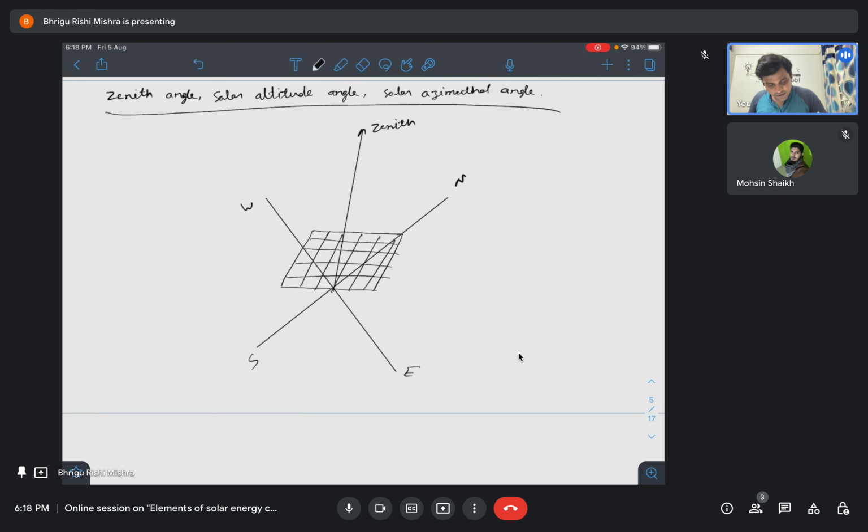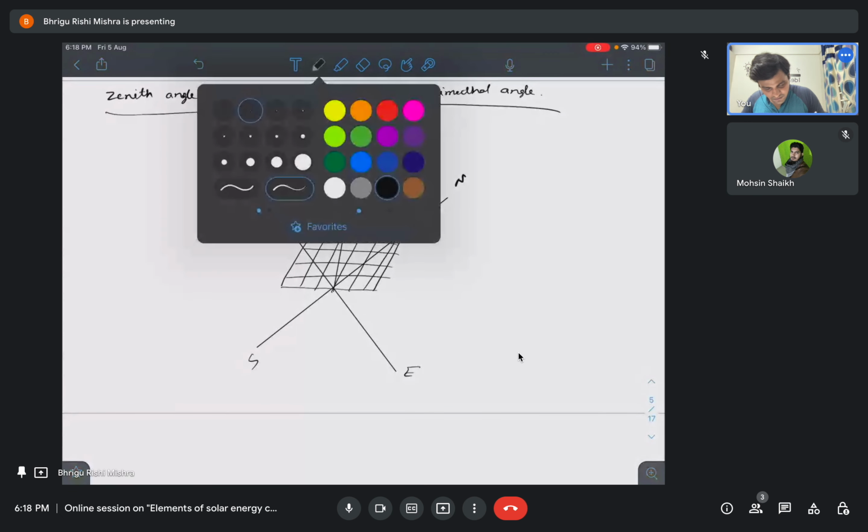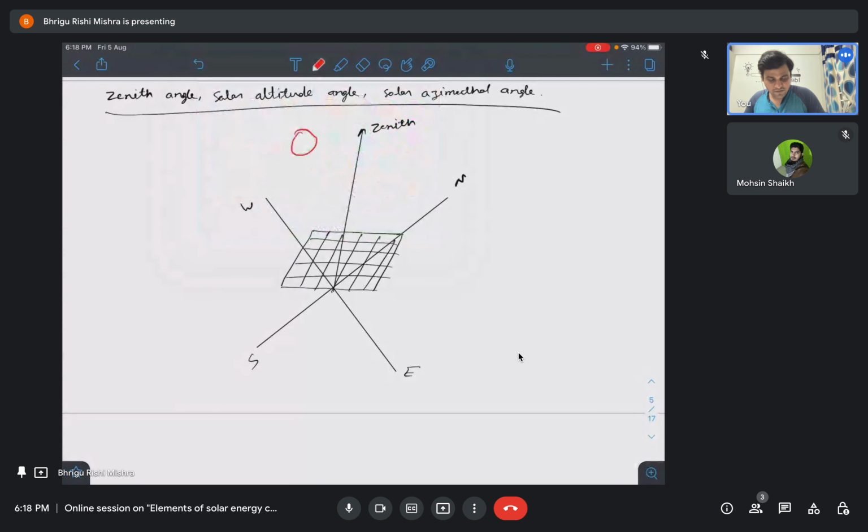Suppose the sun is at this place and it is radiating towards the earth. Consider one sun ray which is incident on this plane like this. The angle this sun ray makes with the zenith of the horizontal plane is known as the zenith angle. So here theta z is the zenith angle.